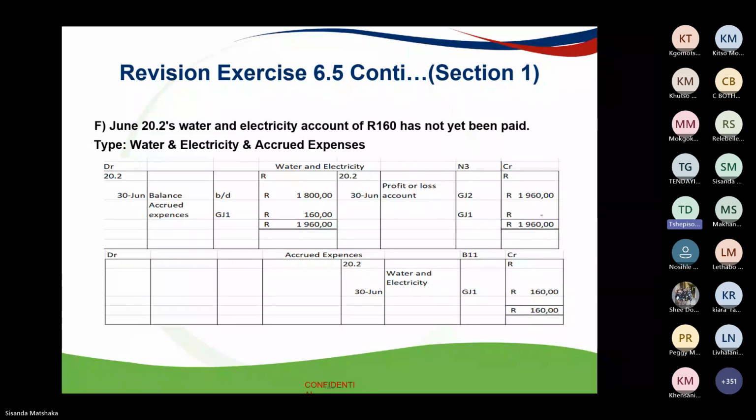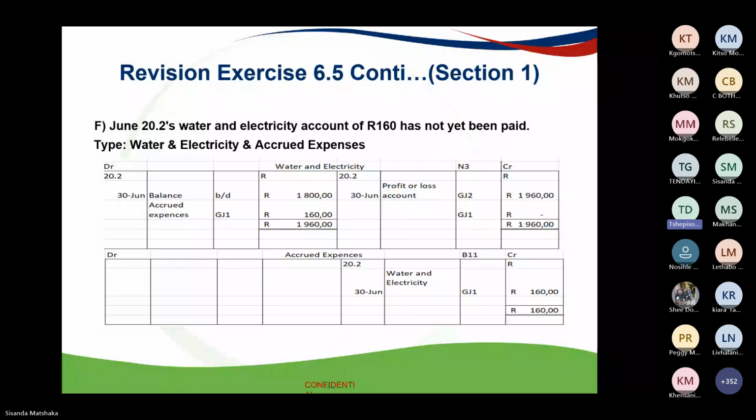This 160 that you see here had not been paid. You started with your balance of 1,800, and now you need to provide for the 160 that was not yet paid.